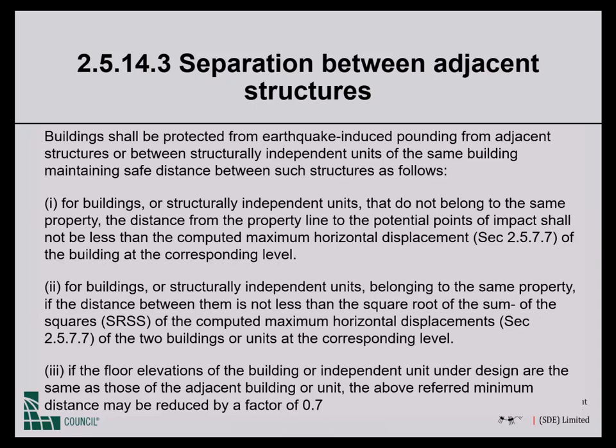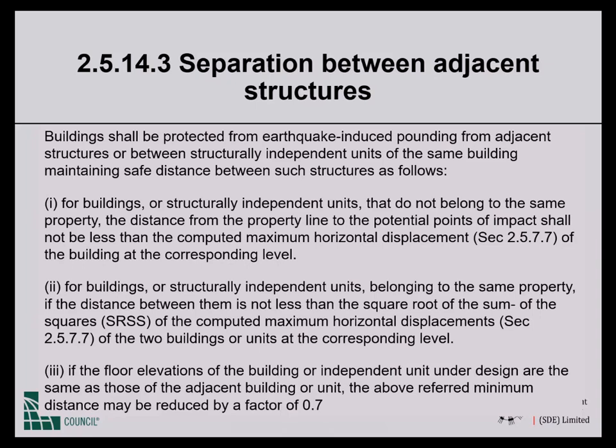Okay, so if two properties belong to two different owners, we hardly allow the buildings to touch each other. The separation distance now is the arithmetic sum of the computed deflections.